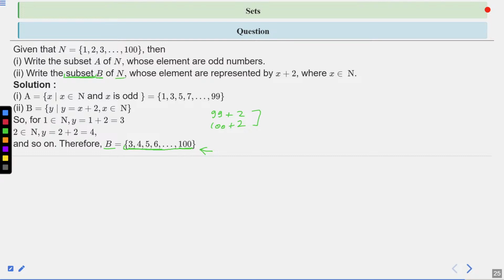We want our set B to be a subset of this set N. If you include these two elements, B won't be a subset. Clear? So the only reason to eliminate these two elements is this word subset. I hope this is clear.